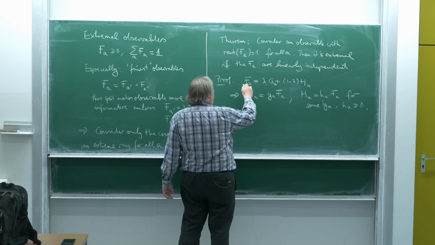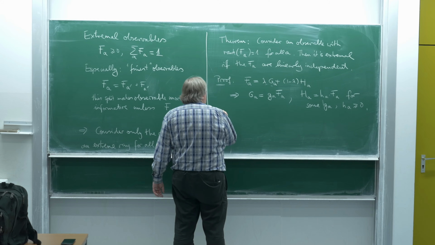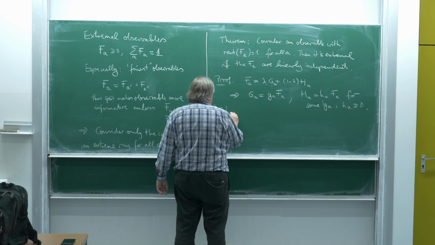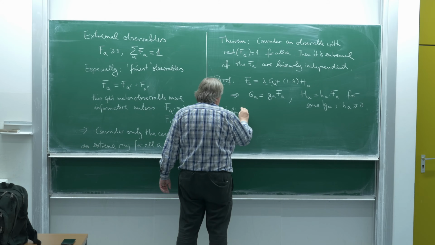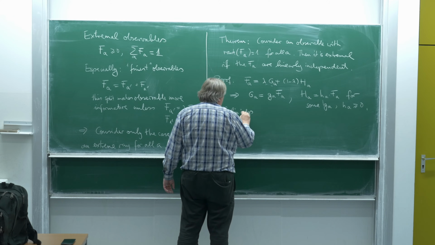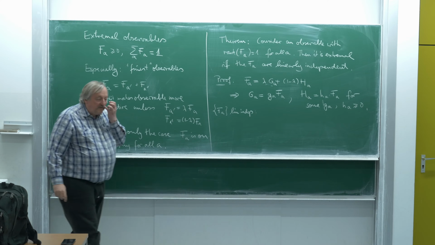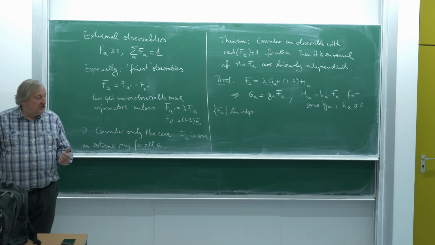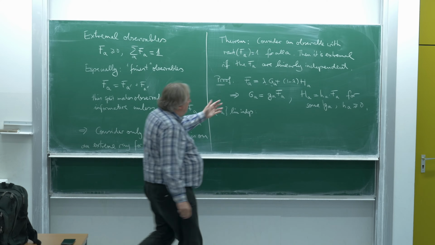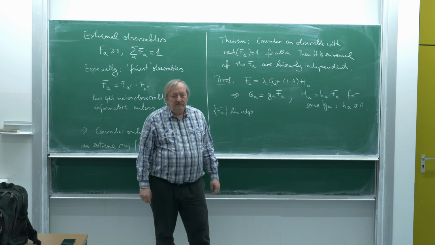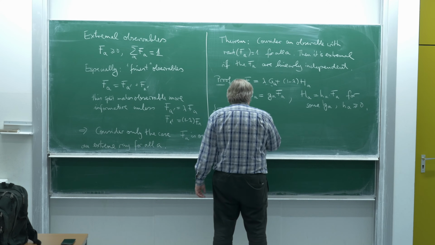Now we have to show that if the FA are linearly independent, so assume this now, we have to show that on that condition, G and H are actually equal to F. Now, look at the normalization sum.